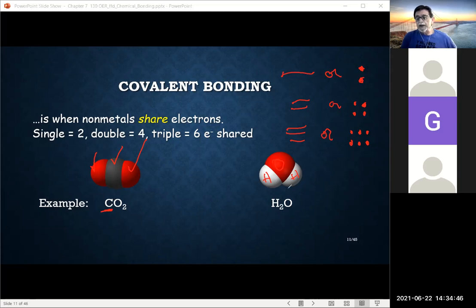Notice there's a specific angle here between the two hydrogens. We're going to learn about that angle and how that works, as there is a specific angle between the carbon and the oxygen as well.